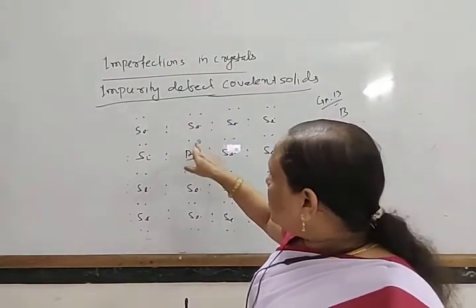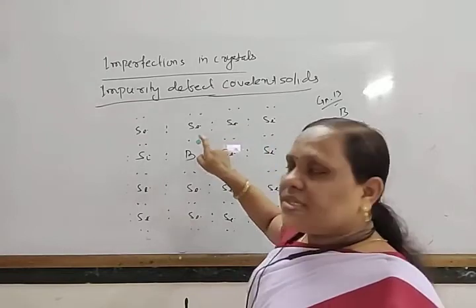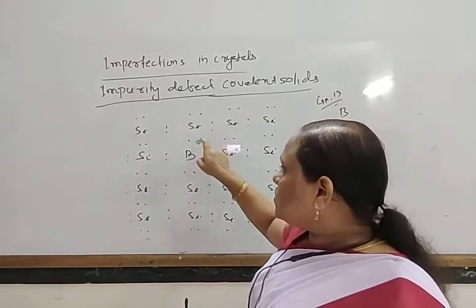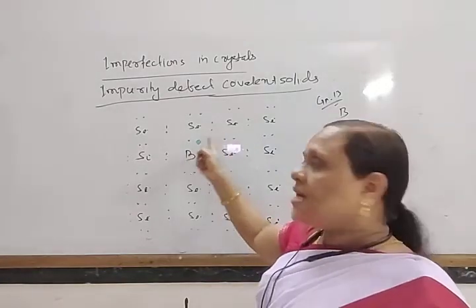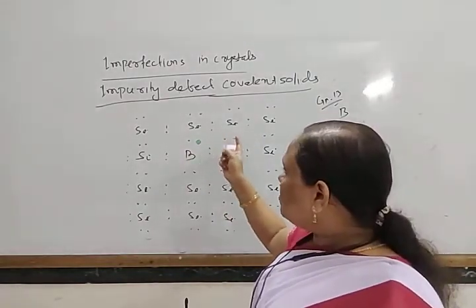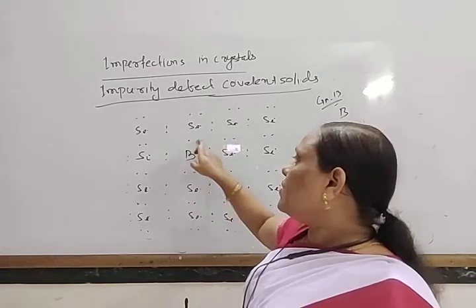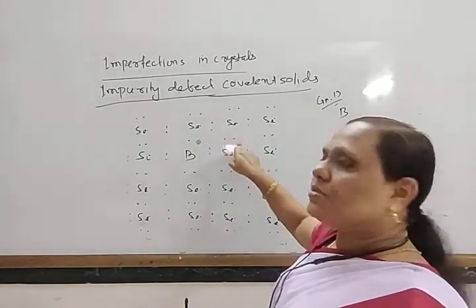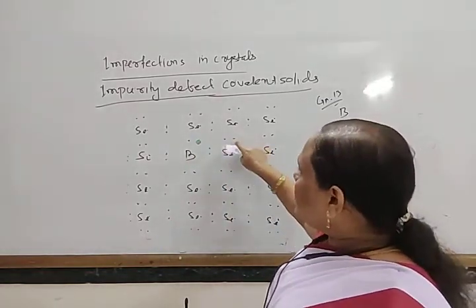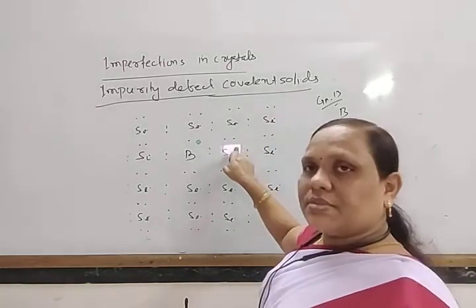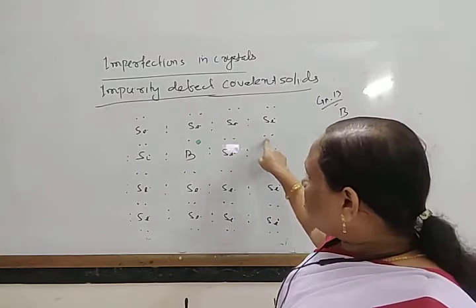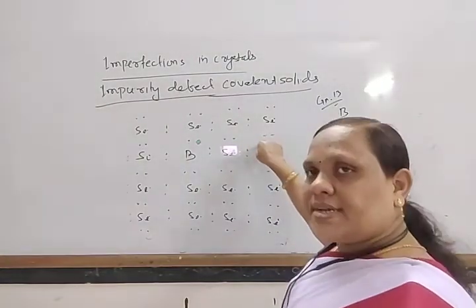To cover up the position of this hole, an electron from the next atom passes into it. As the electron moves from another atom to here, the hole moves to the other place. Again, to cover this hole, another electron from another atom comes here, and another hole is created.